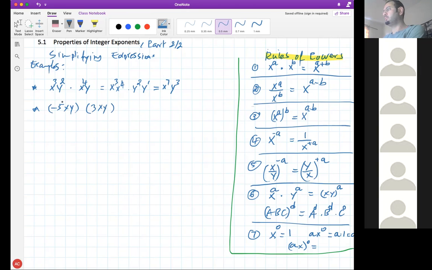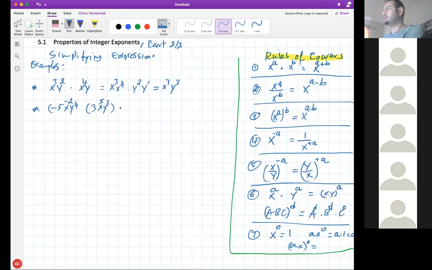There could be even some powers here, for example, -2, maybe 5 here, and also maybe 4 and 3.